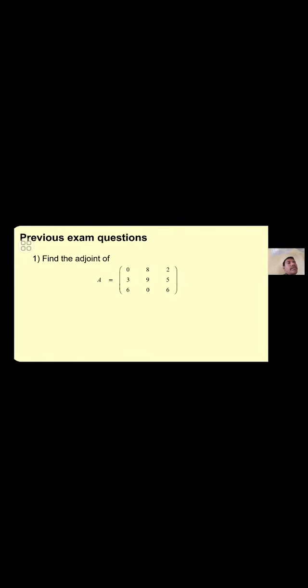Previous exam questions. Find the adjoint of a matrix equal to 0 8 2, 3 9 5, 6 0 6.